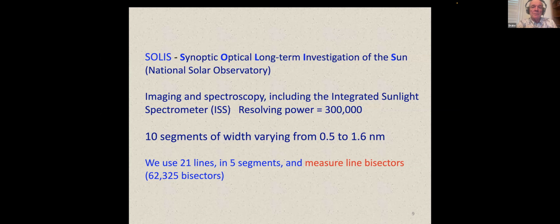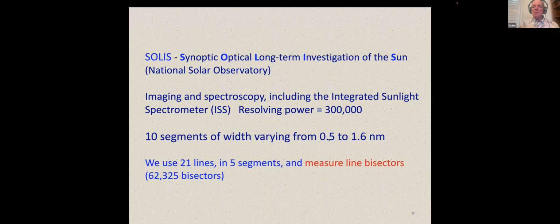It's imaging and spectroscopy, but it includes spectra of the sun as a star using the Integrated Sunlight Spectrometer, the ISS. The ISS is a double-passed spectrometer, has a resolving power of 300,000. Now, perhaps unfortunately, they don't take spectra of the entire, panchromatic, all wavelengths of the sun. They select 10 segments whose width varies from about 1/2 to about 1.6 nanometers.